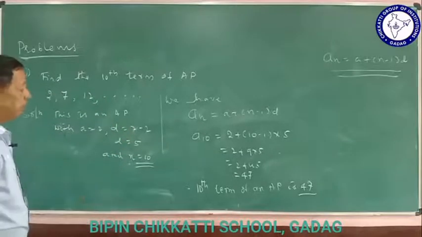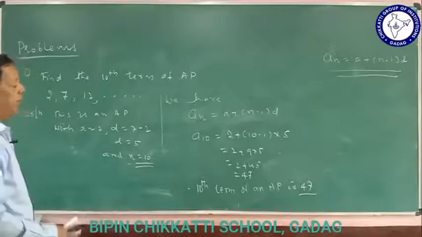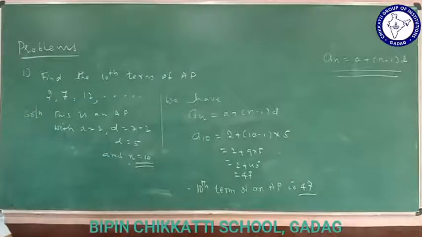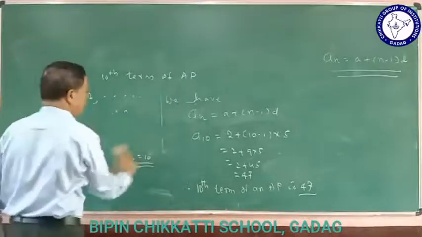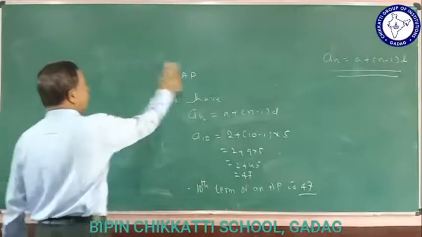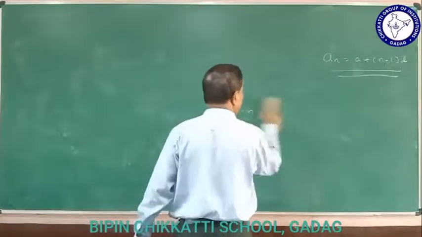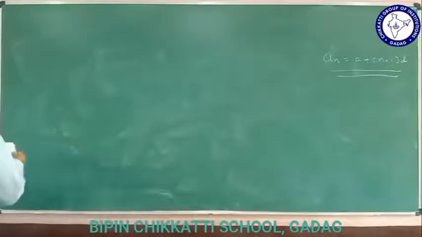That is the 10th term, An, nth term, A10. So likewise you have to use the formula. I hope you understood this problem, and now let us see what they ask next with this formula. It is very simple when you understand the concept and the formula while working out the problem.